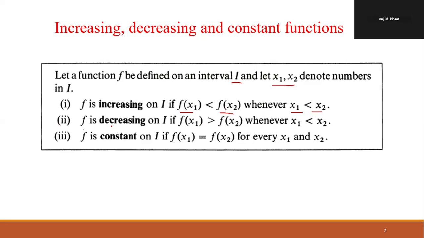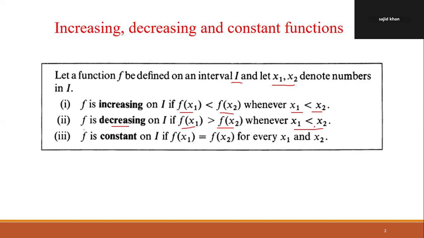A decreasing function is one where f of x1 is greater than f of x2 whenever x1 is less than x2, which means that when input increases but output decreases, the function value reduces with the increment of input.